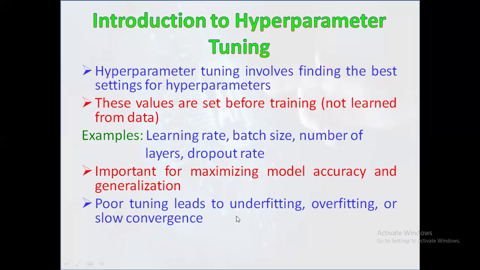Poor tuning leads to underfitting and overfitting or slow convergence. In the sense, if the hyperparameters are set improperly, the model may not learn patterns in the data, may memorize noise, or may take too long to train effectively, all of which compromise the model's performance.